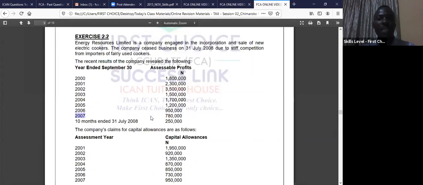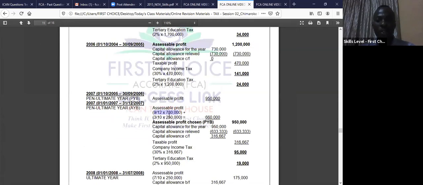So that's why you see me 9 months out of that 12 months of 750. Then the remaining 3 months, I'm going to take it from this remaining 10 months because October, November, December are inside here of that same year. So 3 out of 10 months. So when I tidy them up and add them together, I have 660. But the tax authority would take the one that is higher.